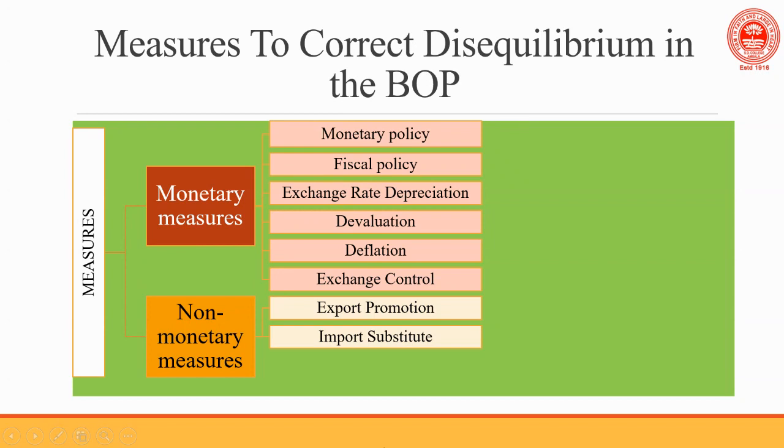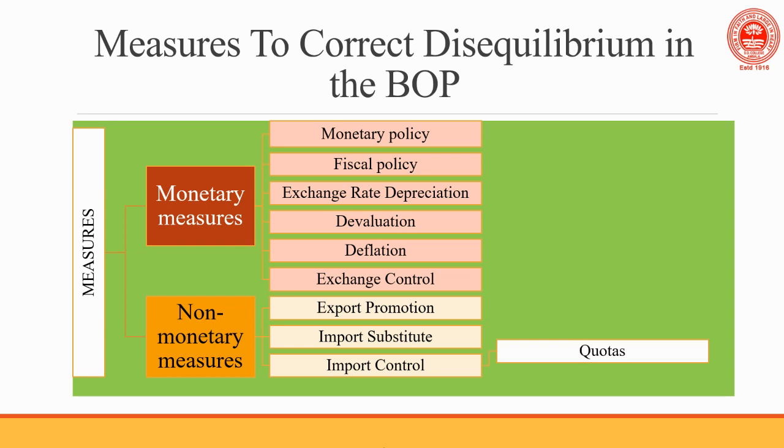The last but not the least non-monetary measure for correcting the disequilibrium in balance of payments could be import control. Imports may be kept in check through adoption of different measures like quotas and tariffs.